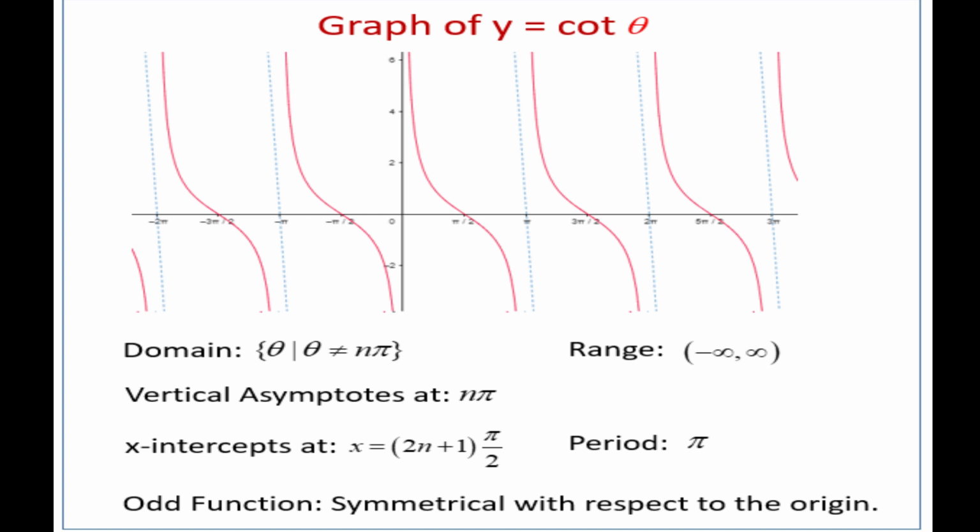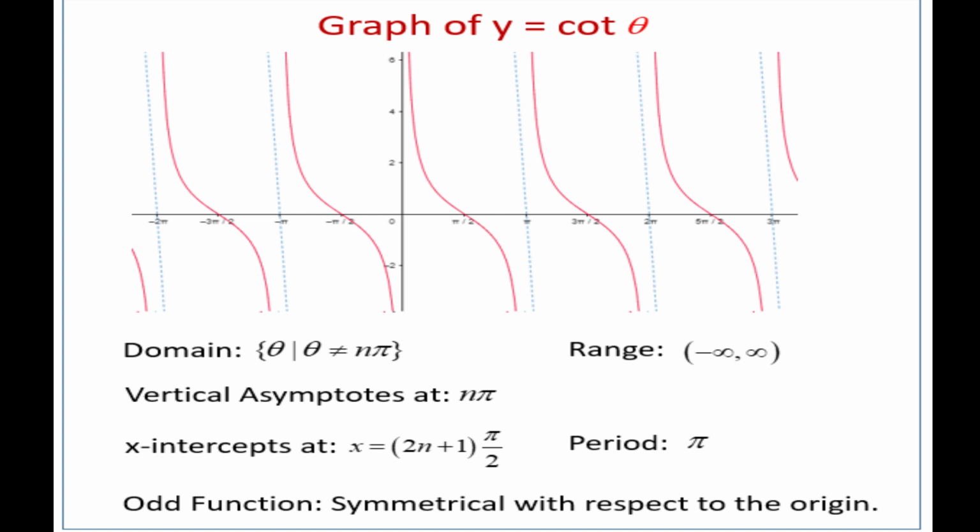If we observe each branch of the cotangent function, the graph is only decreasing in each branch. Let us see the period of the cotangent function. The first branch is the principal branch and it is between 0 and pi. The second branch is between pi and 2 pi.